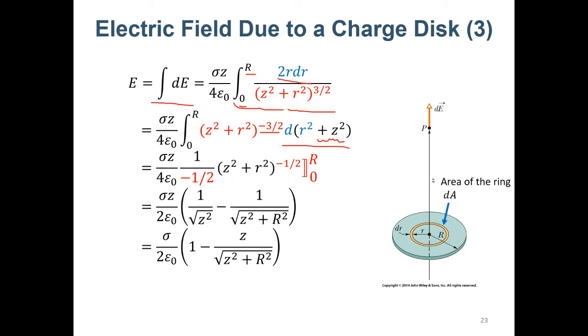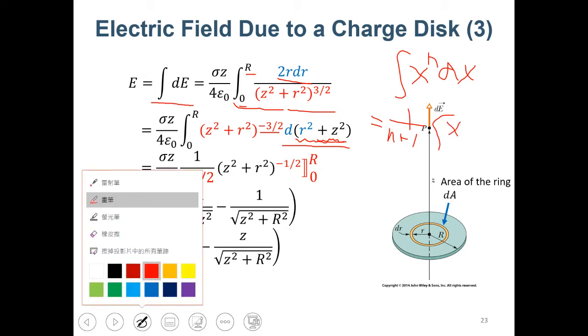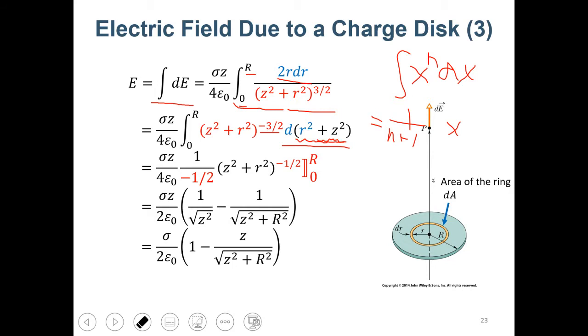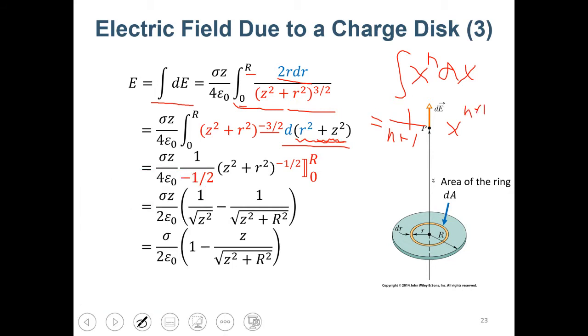Okay, so now it will be very easy. You can just regard this one as a whole, and then you can integrate x to the n dx, which gives x to the n plus 1 over n plus 1.